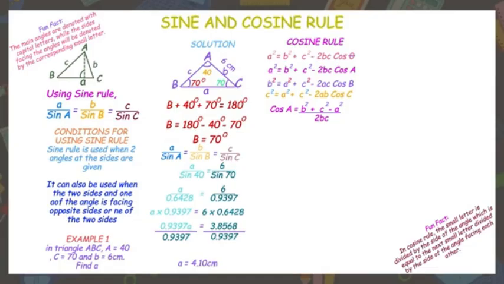Then we are also going to have for cos B is equal to A square plus C square minus B square, everything divided by 2AC.